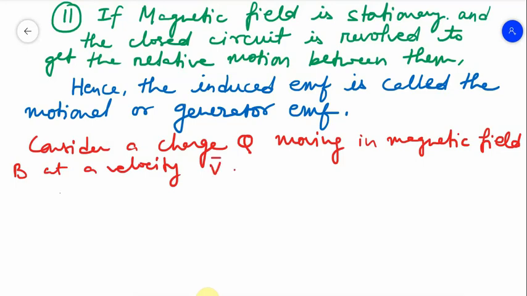Then what will be the force on the moving charge Q in the magnetic field at velocity v? So it is Q v cross B. Yes or no? This we have seen.